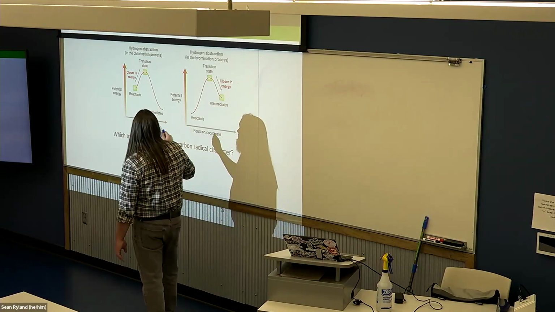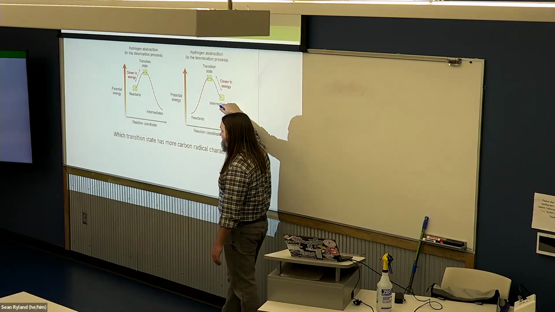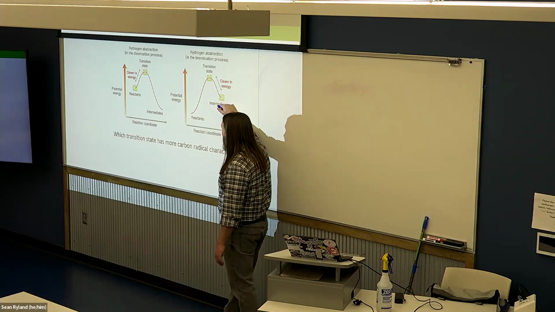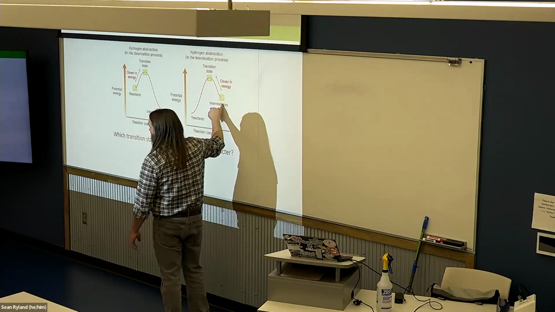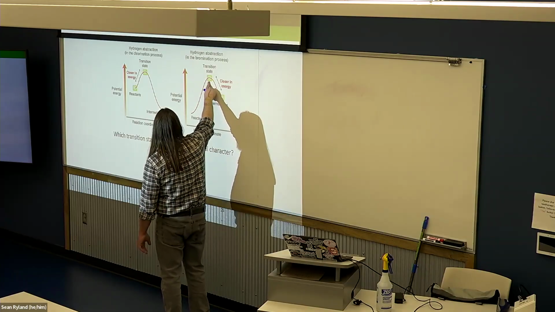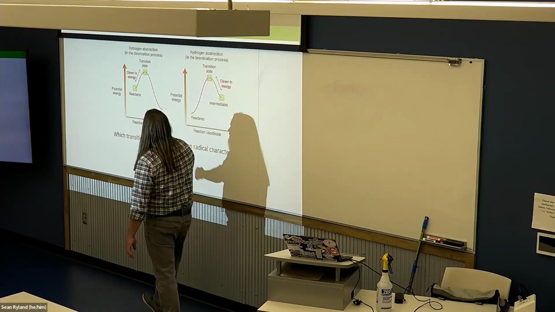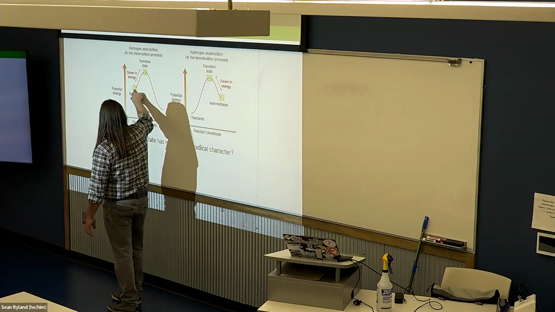And it also means that the carbocation stability is more important. So basically, bromine gets more selective because it's going slower. And it's going slower because these two energies are closer. So our transition state for bromine looks more like a carbon radical, versus our transition state for chlorination looks more like a chlorine radical.